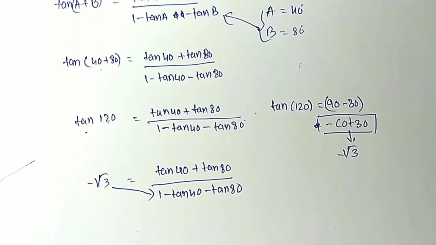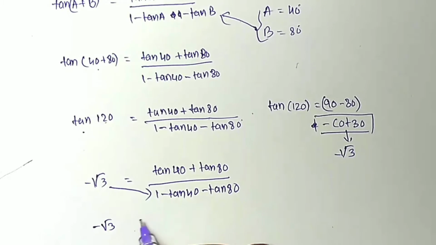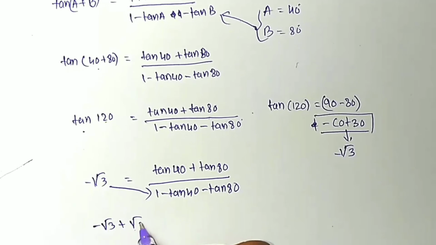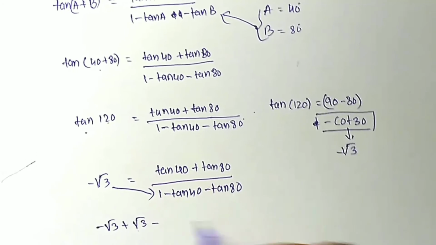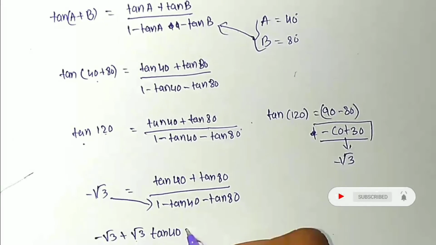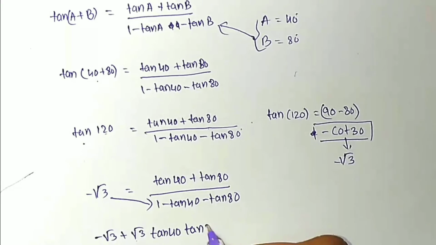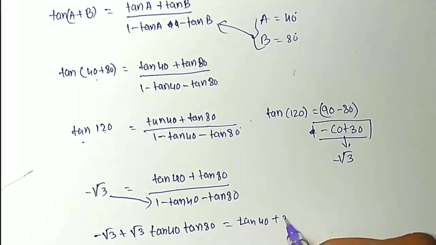Multiply with the denominator. Minus root 3 plus root 3 tan 40 tan 80 equals tan 40 plus tan 80.